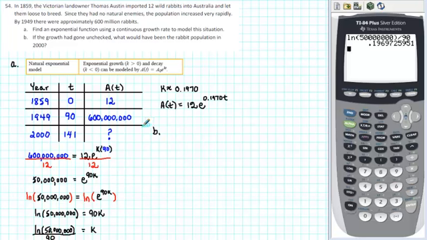To complete part B, we simply substitute 141 for t into our function. In other words, find A(141). We use our calculator to evaluate 12 times e raised to the 0.1970 times 141.